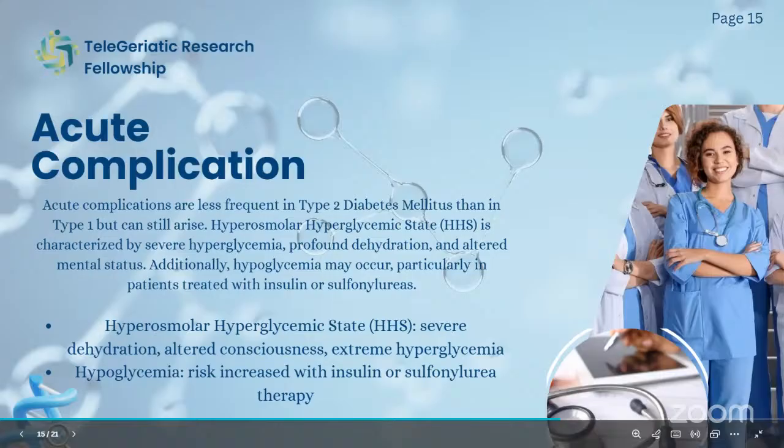Additionally, hypoglycemia may occur, particularly in patients treated with insulin or sulfonylureas. So hyperosmolar hyperglycemic state: severe dehydration, altered consciousness, extreme hyperglycemia. The hypoglycemia risk also increases with insulin and sulfonylurea therapy.